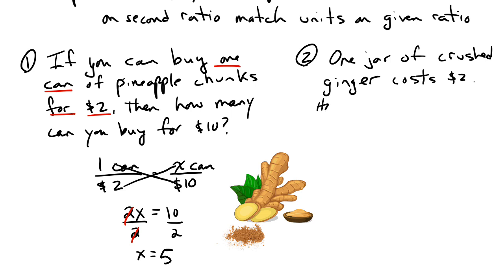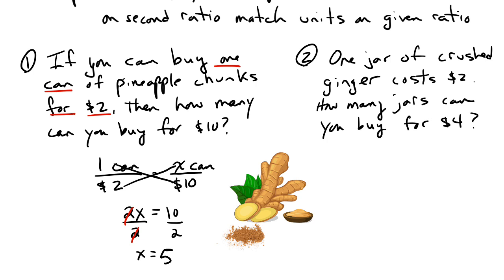How many jars can you buy for $4? Okay. Again, you might be able to just look at that and tell what the answer is, but we're starting off with simple ones. It's going to get more complicated. So you've got to learn the process.